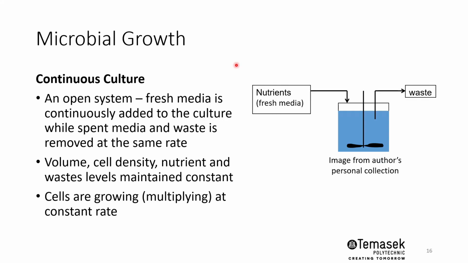It is an open system where your fresh media containing nutrients is added continuously to the culture itself, while at the same time you remove the spent media and the waste. So in this case, the volume of the culture, the cell density, the nutrient and the waste level are maintained at a constant level. So cells are growing and multiplying at a constant rate as well. This is a continuous culture.